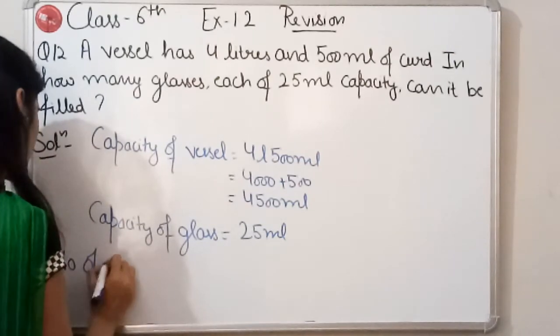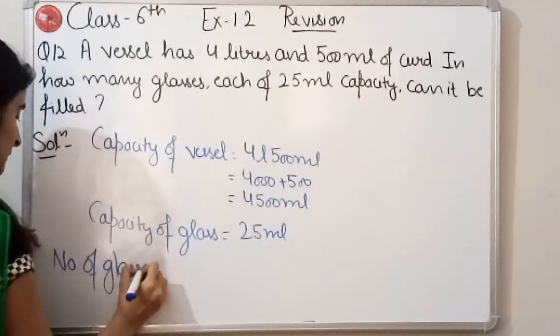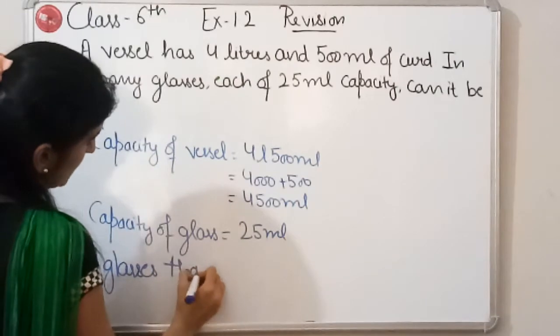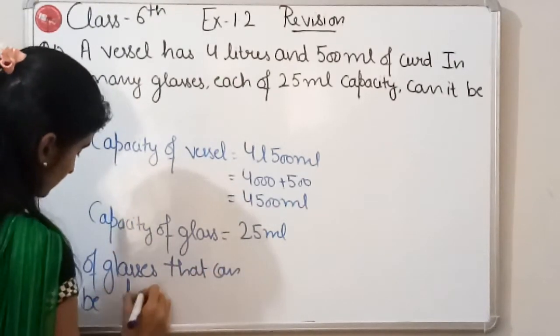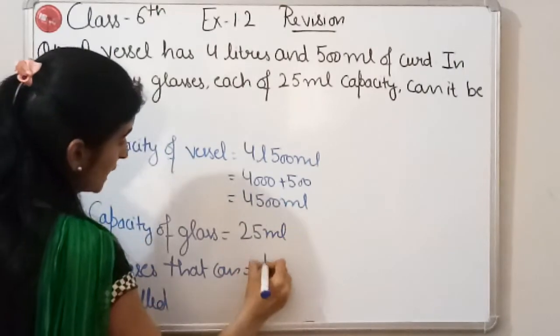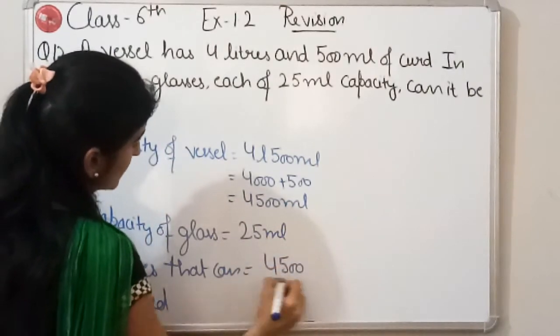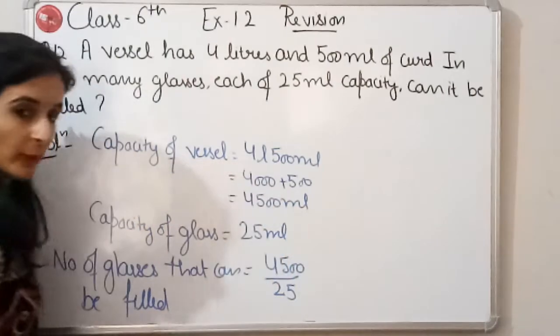So the number of glasses that can be filled is equal to 4500 divided by 25.